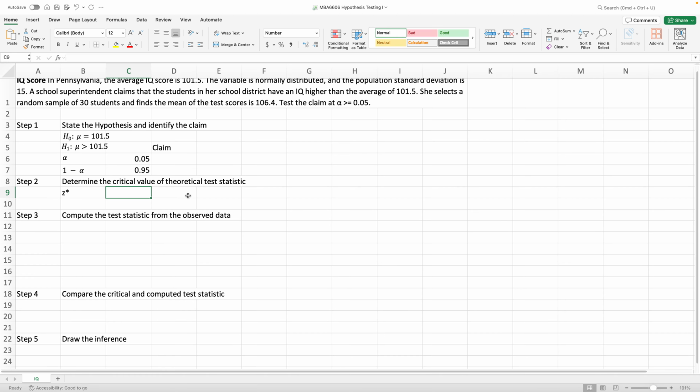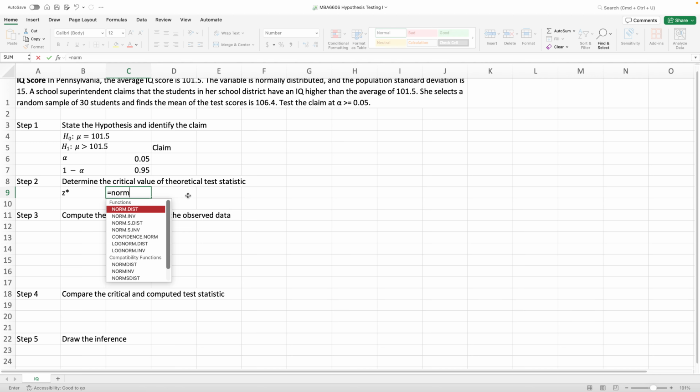So z star will be the area under the normal curve until 95%. It will correspond to that value. So it will be norm dot s dot inv. What probability? 0.95.